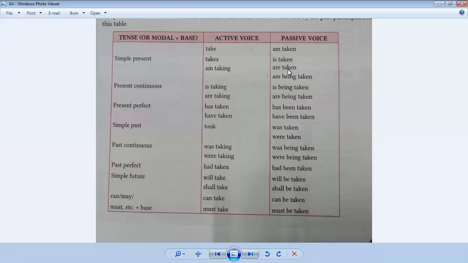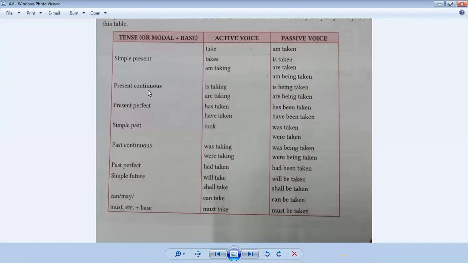So this is simple present. If it is takes, then your subject is third person singular. But the helping verb which you are going to use will depend on the object, whether the object is singular or plural.